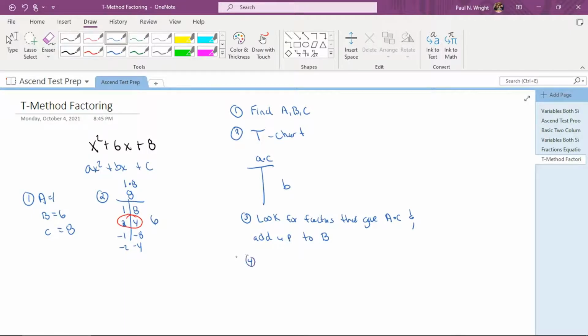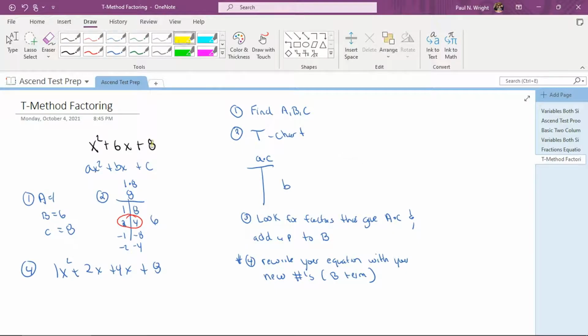Step number 4, I'm going to put a star by this. Rewrite your equation with your new numbers. And in parentheses, I'm going to put B term. So I'm going to come over here and I'm going to write this out. This is going to become 1x squared, and this is step 4. 1x squared plus 2x plus 4x plus 8.